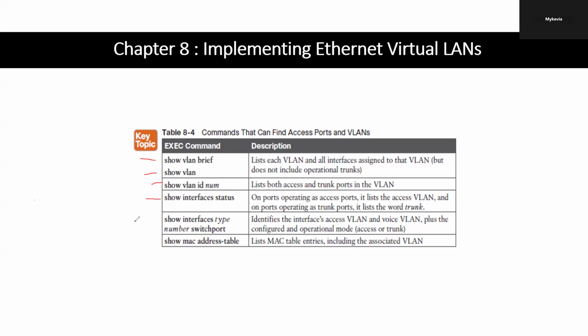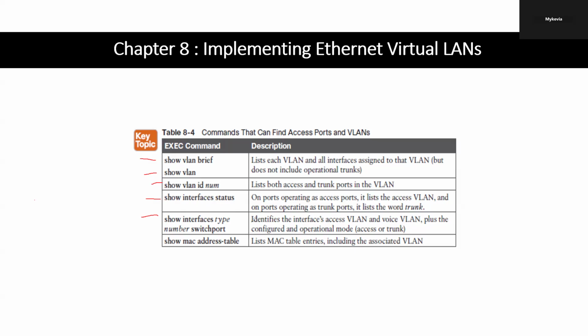It shows us the administrative configuration of that port, where you'll see static access, and the operating status of that port, where you'll see trunk or static access. Of course, I jumped ahead. So show interfaces type and then switchport, exactly what I just said.